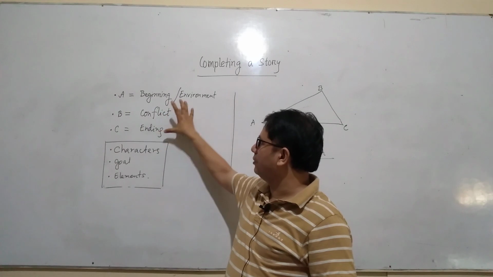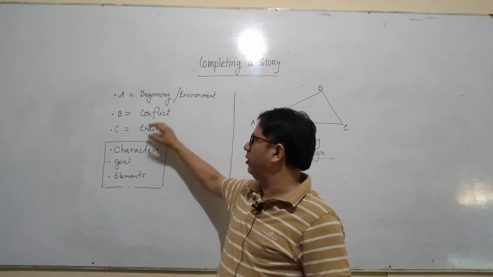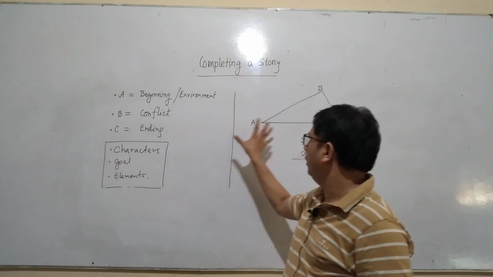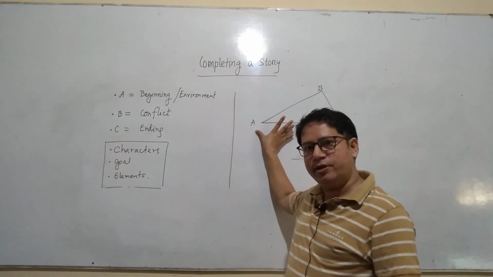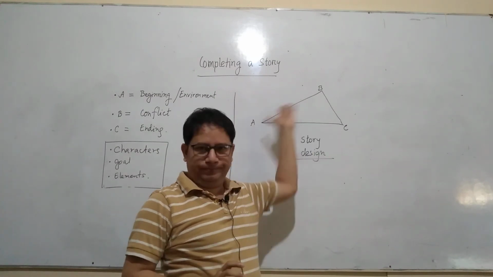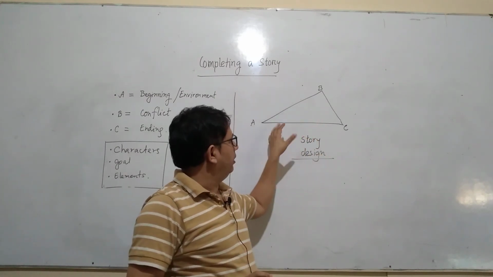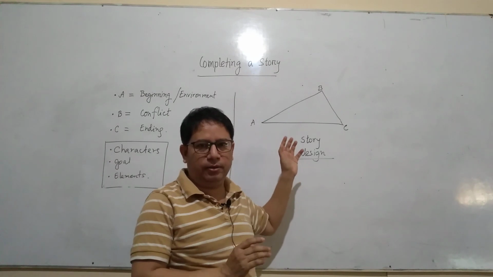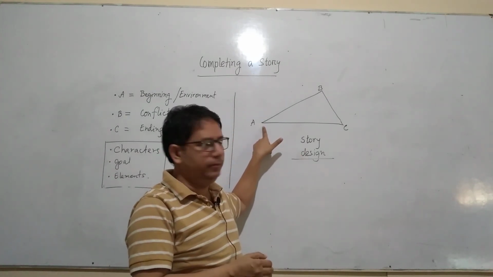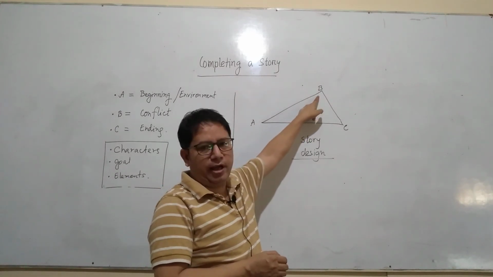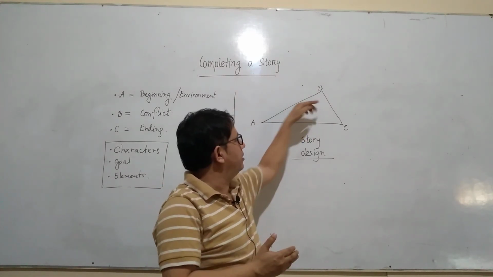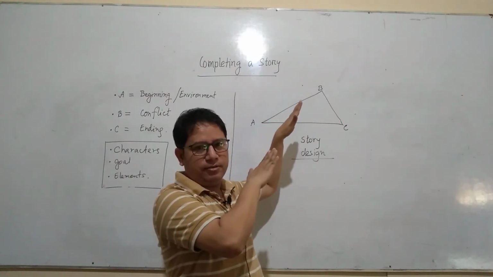So we have the three parts: beginning, conflict, and ending. And our story always is contained in a triangle. So every story has a triangle. The starting point of the story, and this is the extreme point of the problems, how to face, because the story rises.